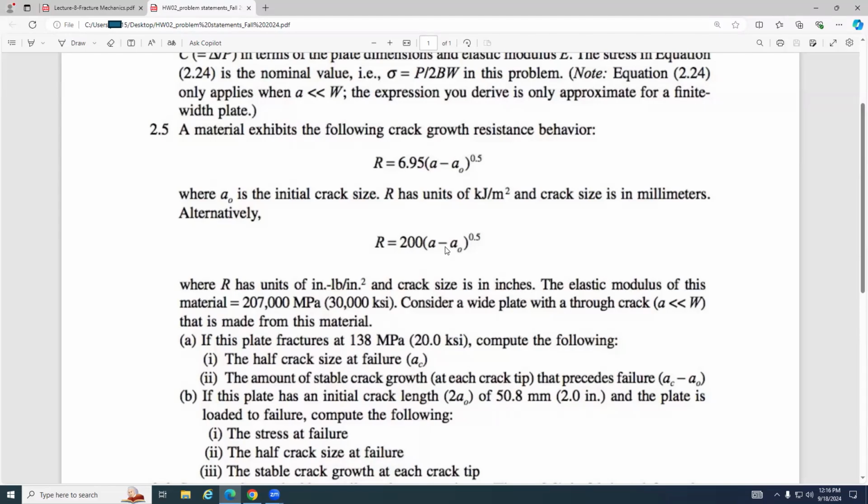You should know how to take the derivative based on this R. Originally the power is 0.5, but subtracted by 1 you have minus 0.5. This is the original factor, but this one needs to be changed. I leave this task to you.